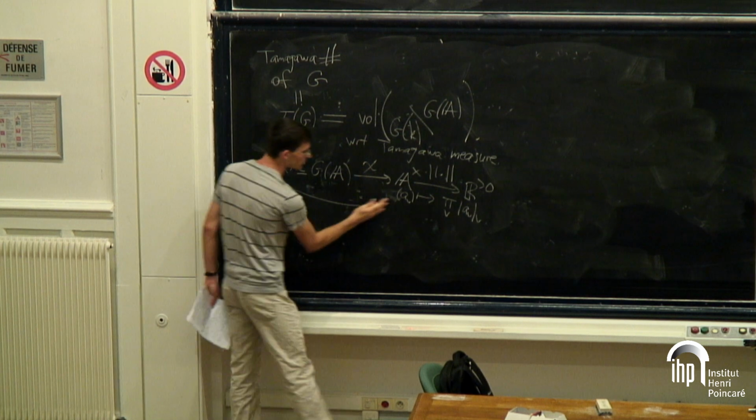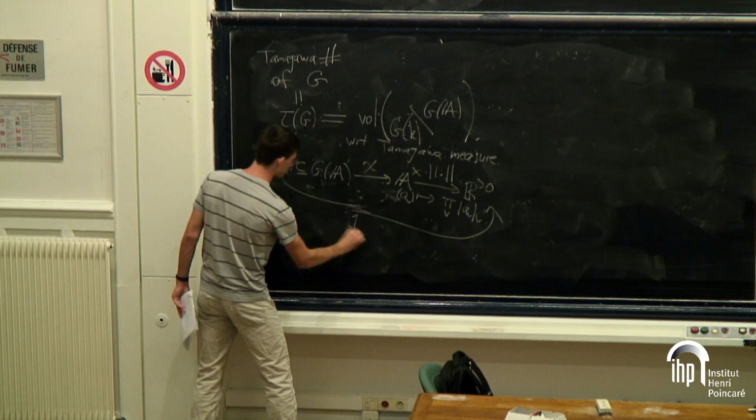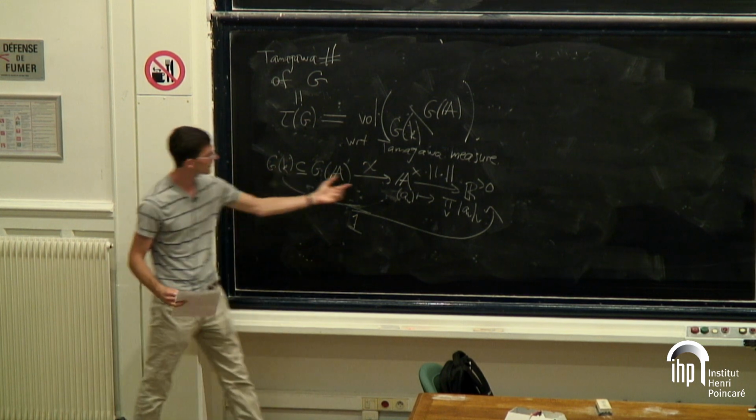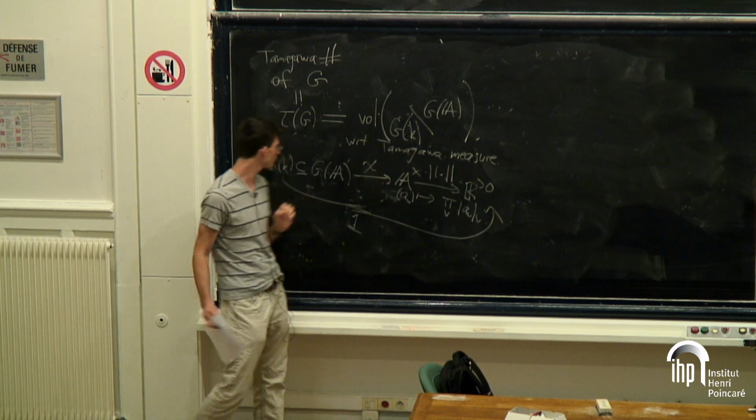This composition is just the trivial map, because G of k lands inside k cross, and by the product formula, any element of k cross has absolute value 1.